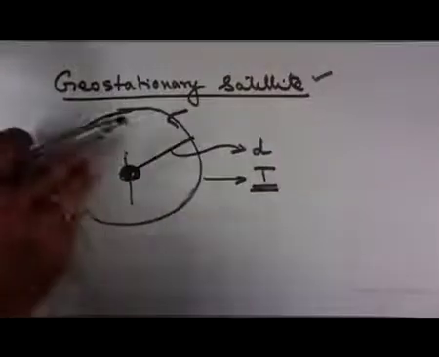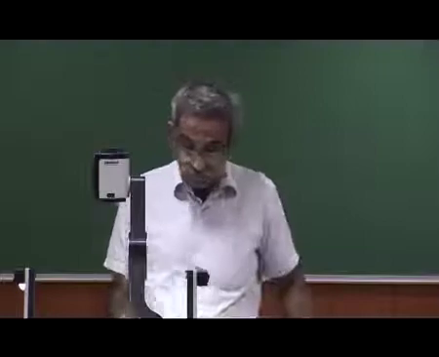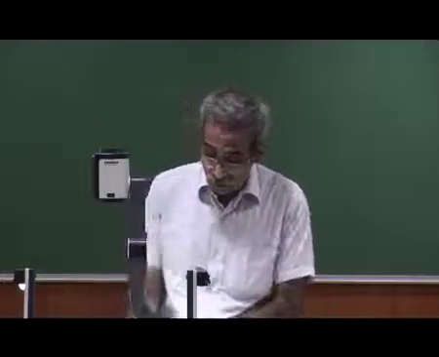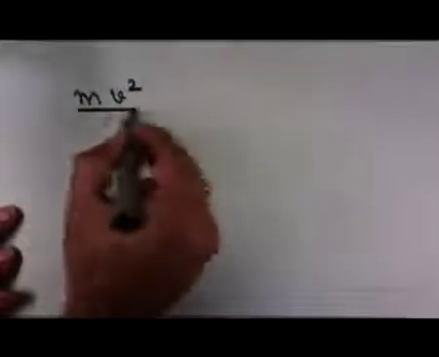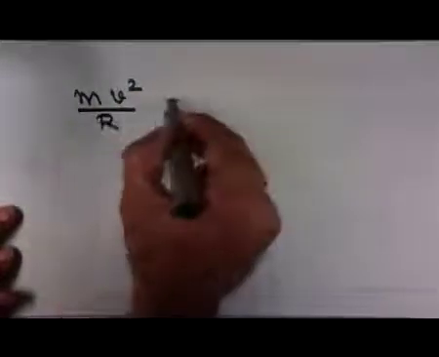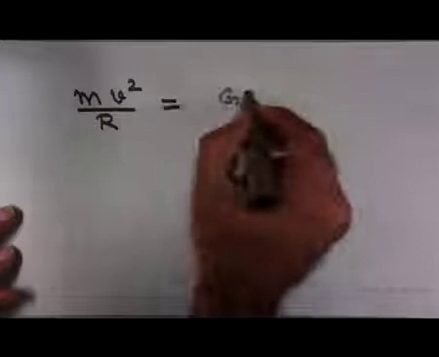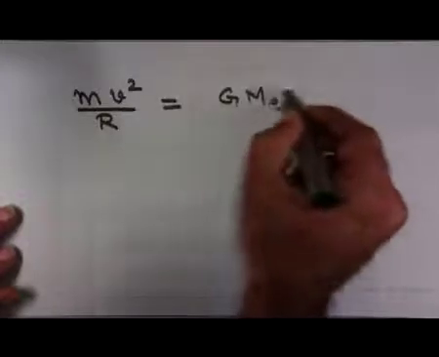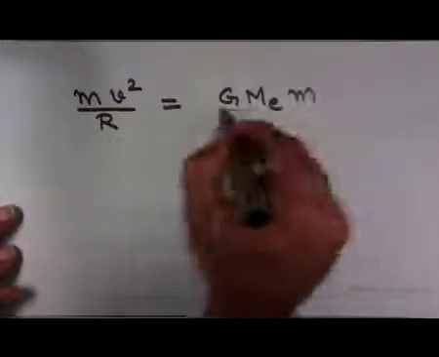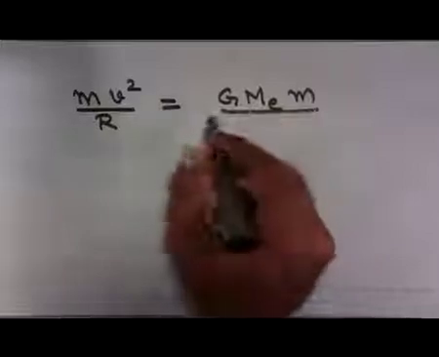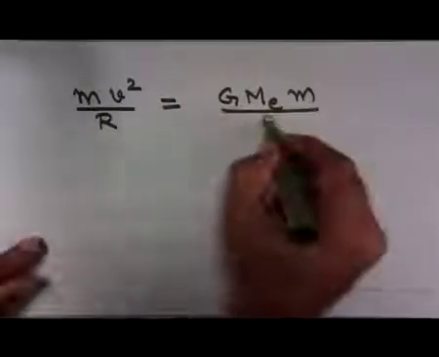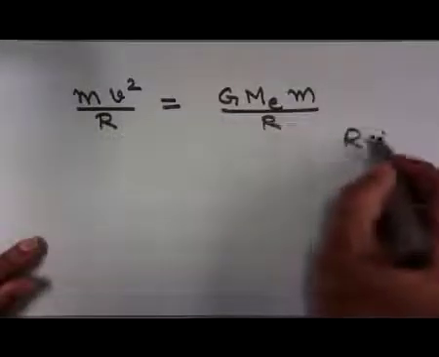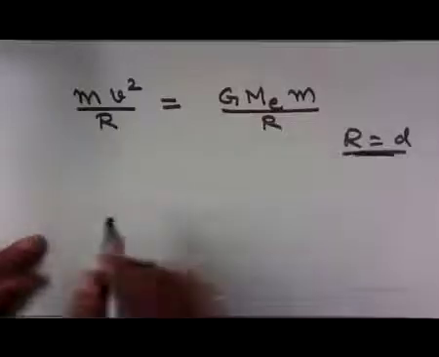So how do we accomplish that? The answer is very simple. So I should go back. I am going to write mv squared by r is equal to G Me m by r squared. I use the distance d, so r equal to d. This is the distance from the center of the Earth.